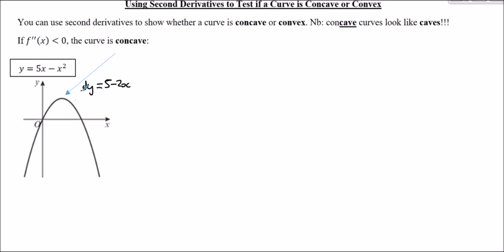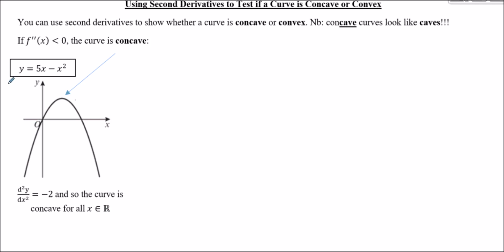Then differentiate again, d squared y over dx squared, or f double dash x in function notation. The 5 vanishes, I just get minus 2. So the second derivative is minus 2, which means the curve is concave for all x being a real number.